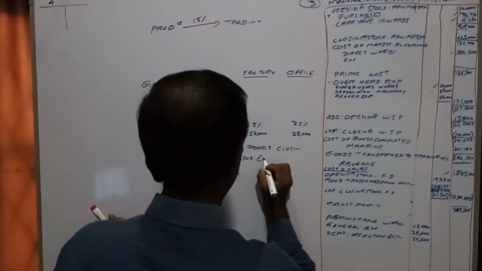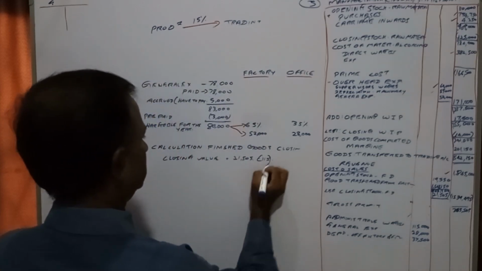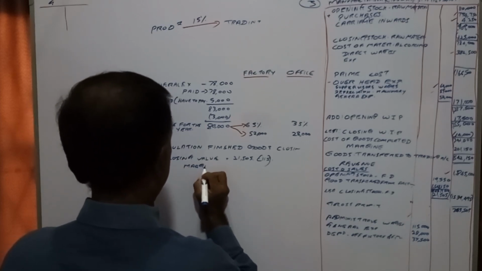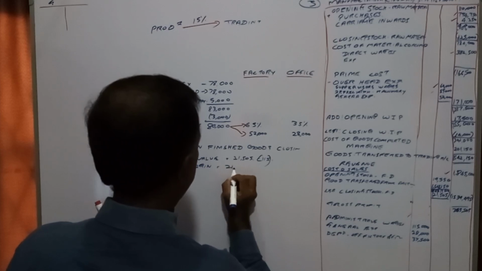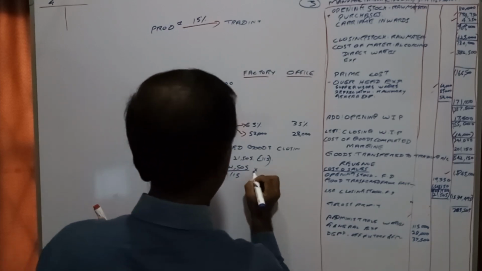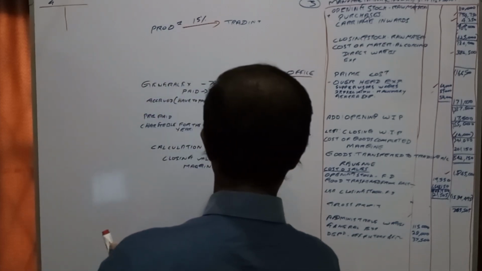This is equal to 115. Then margin equals 21,505 divided by 115 into 15. Right?